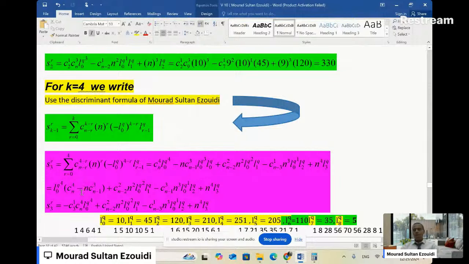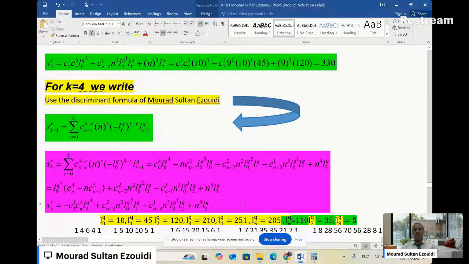The difference is in fact equal to negative combination 1 times combination n 4 times L042 raised to the power 4, because of the factor. The rest are written as they are, not changed. So S3 is a general formula for any integer.